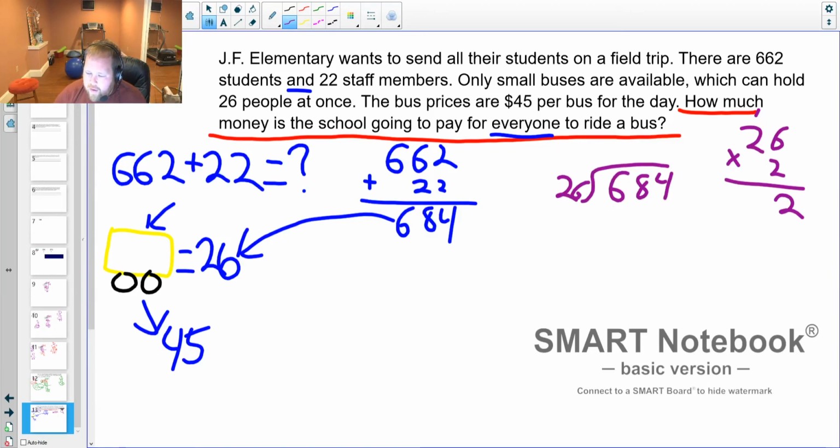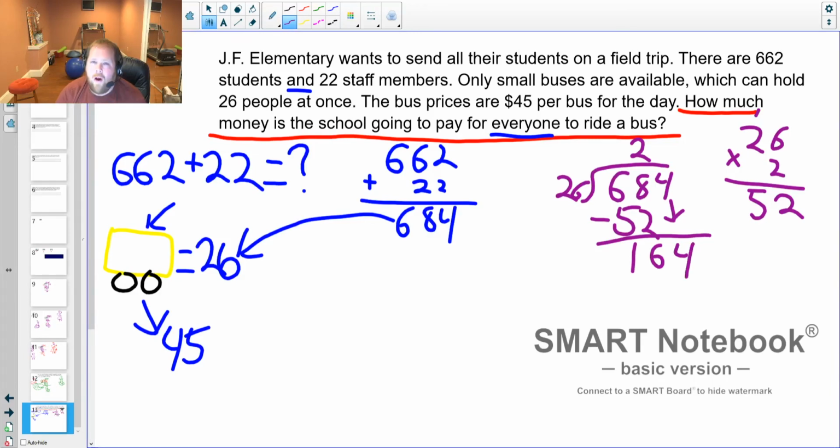Plus 1 is 5. So 68 minus 52. And right here I'm going to put that 2. Equals 8 minus 2 is 6. Good. 6 minus 5 is 1. Wonderful. Bring down the 4.